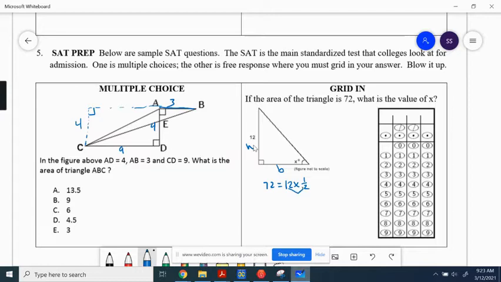So let's go ahead and multiply these two together. 12 times a half is 6. And then we divide by 6 on both sides. And we're left with x is equal to 12. All right, so my height is 12, my base is 12. But we're not looking for the base here. We're looking for the value of x.